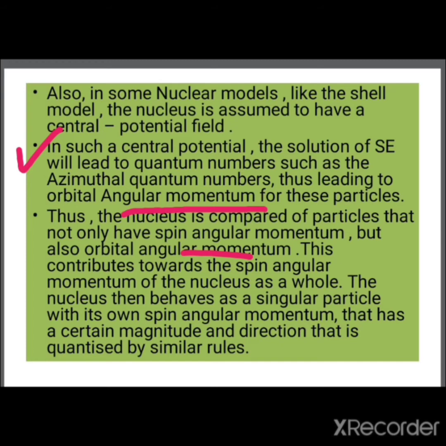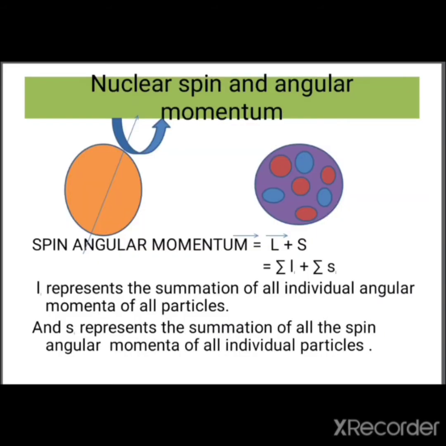The nucleus then behaves as a singular particle with its own spin angular momentum that has a certain magnitude as well as direction that is quantized by similar rules. Whether there is an even or odd number of protons or neutrons also plays a role in determining nuclear spin, since such particles tend to pair up with each other and cancel each other's spin.